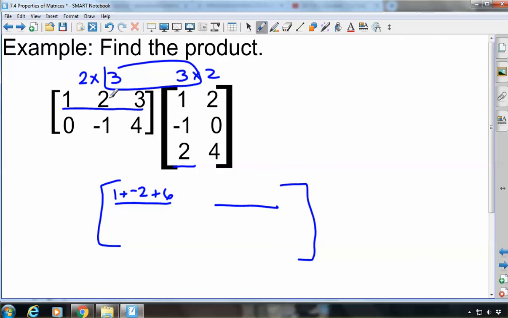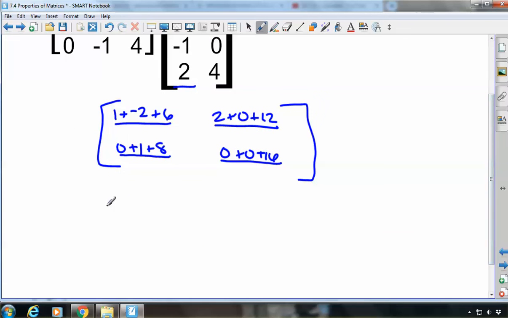Row 1, column 2, 1 times 2, 2 times 0, 3 times 4. Row 2, column 1, so 0 times 1, negative 1 times 1, 4 times 2. In row 2, column 2, we get 0, 0, 16. So final answer should be 5, 14, 9, 16.